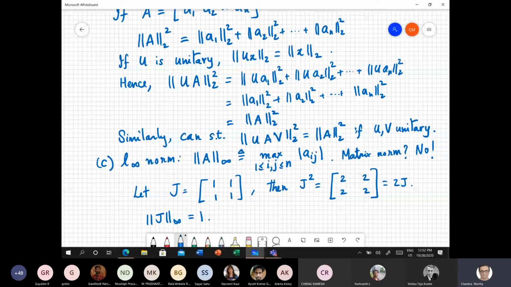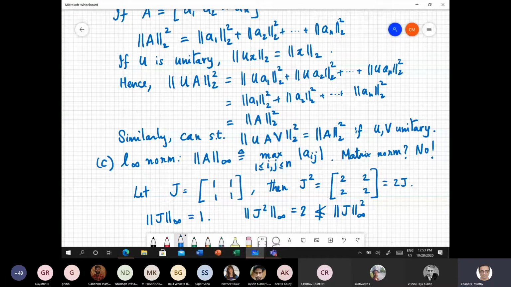But if I look at the L infinity norm of J squared, it is 2, which is not less than or equal to the L infinity norm of J. This was one of the requirements.